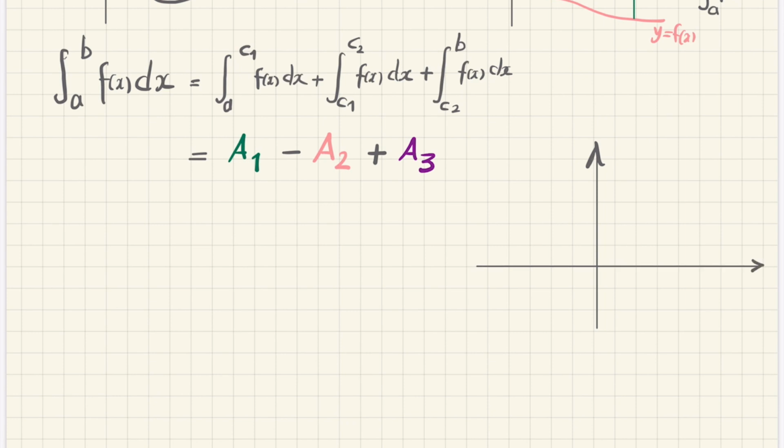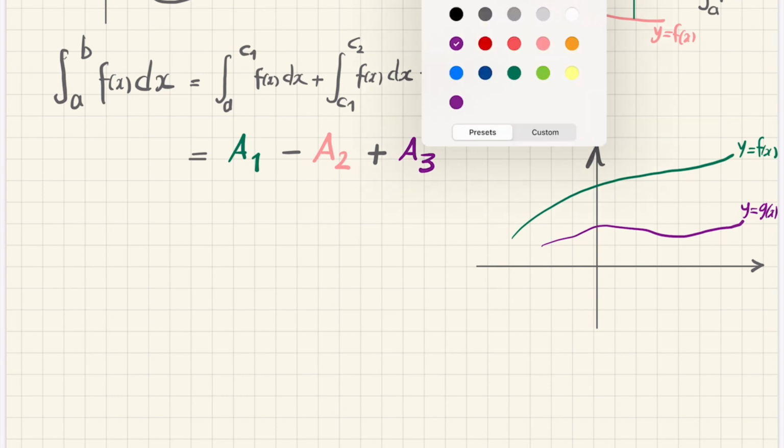Let me, for example, draw it with green. So I have a function here, let me call it y equals f of x. And then I have another function, let me call it g of x. And then I have these two limits here.